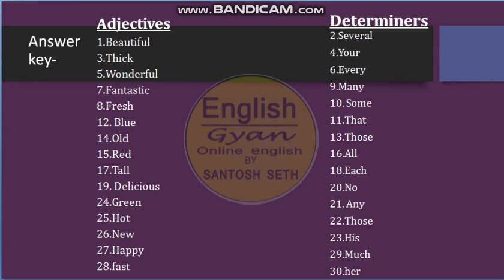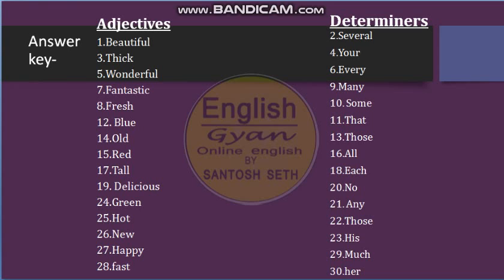So in 1, 3, 5, 7, 8, 12, 14, 15, 17, 19, 24, 25, 26, 27 and 28, in these serial numbers, the words before the nouns are adjectives. And 2, 4, 6, 9, 10, 11, 13, 16, 18, 20, 21, 22, 23, 29 and 30, here the words used before a noun are actually determiners. You can see the difference.